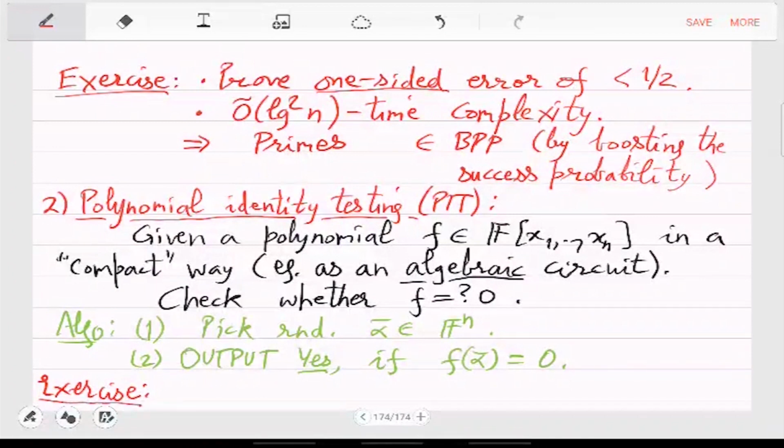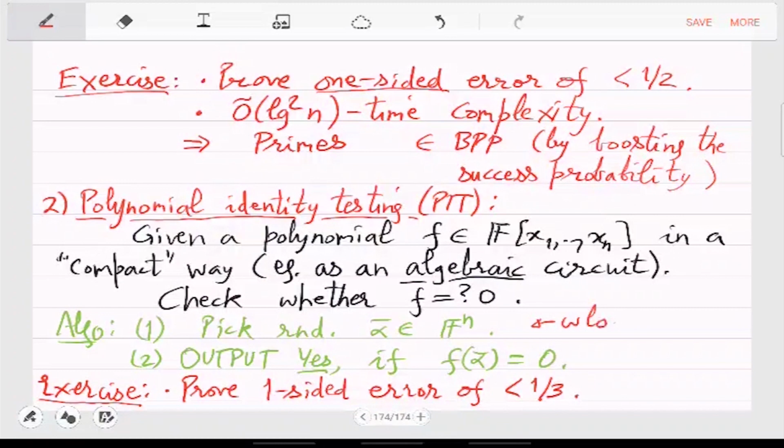Again, you can show here one-sided error of 1/3 or whatever you want, actually, assuming that the field is large. That is one thing you will need. So without loss of generality, let me just say the field is large.